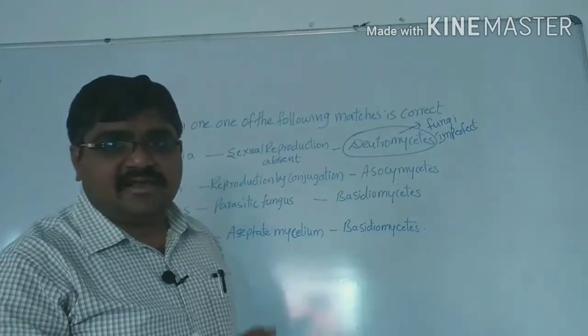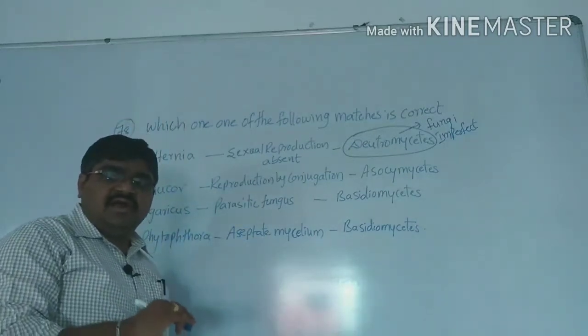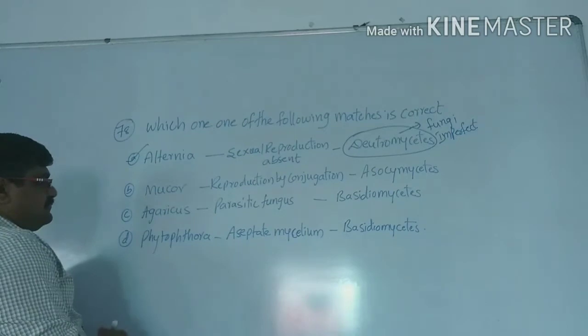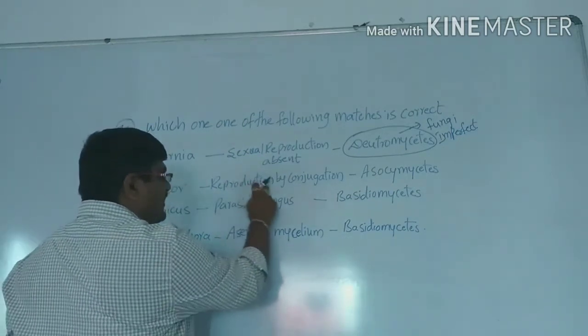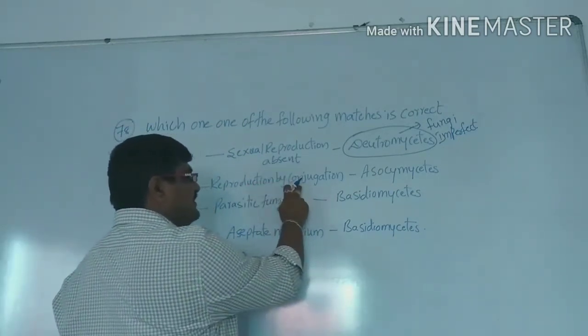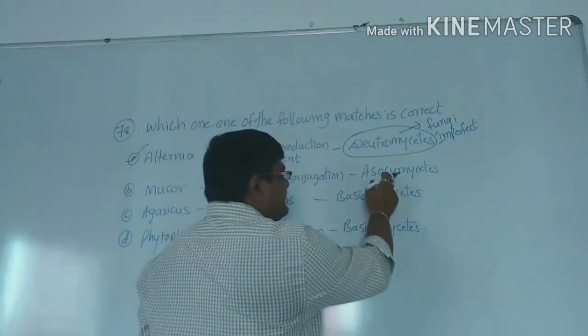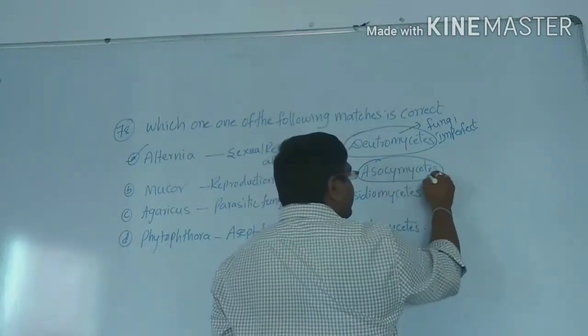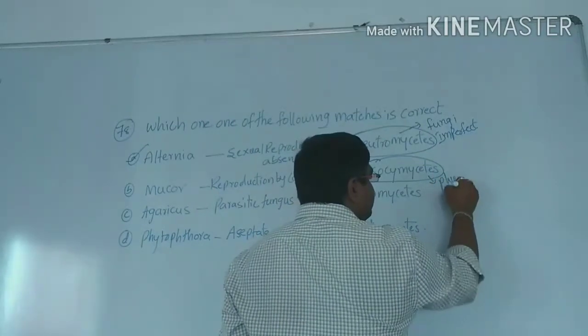So it is a correct option. Later we'll discuss the second one. Mucor shows reproduction by conjugation, but here Mucor is given as an example that should be in the Phycomycetes.